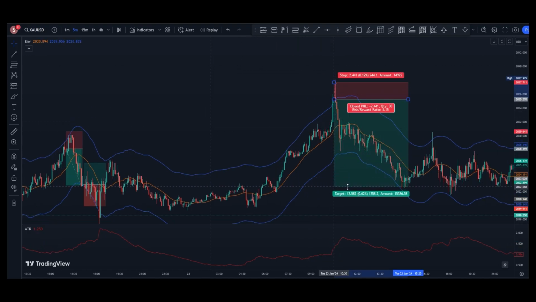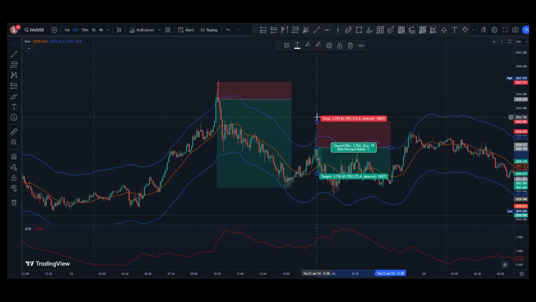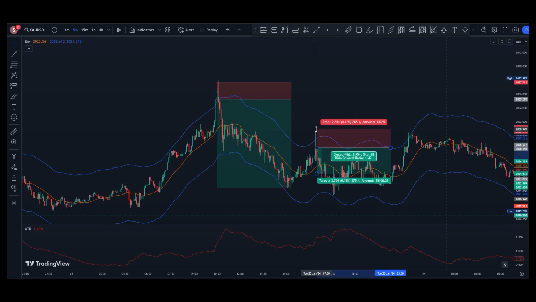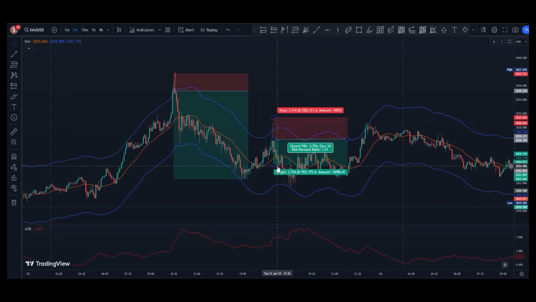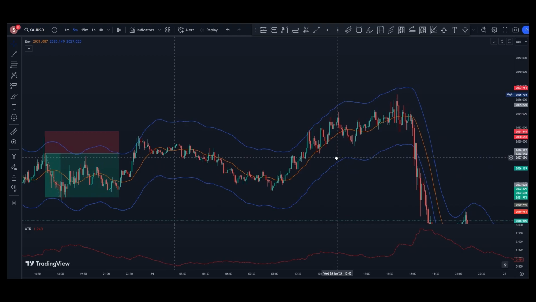but if it had not hit the stop loss, it gives you a good risk to reward ratio. Here we touch the upper band again, and we can enter here with a 1 to 3 risk to reward ratio, and it hit our profit.